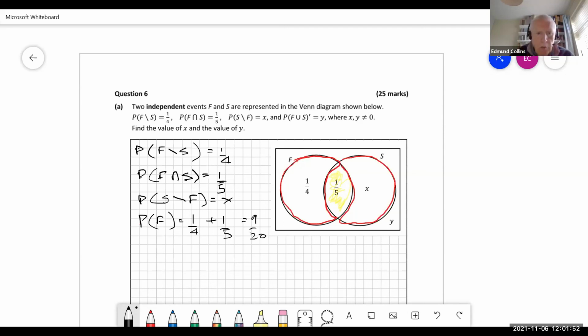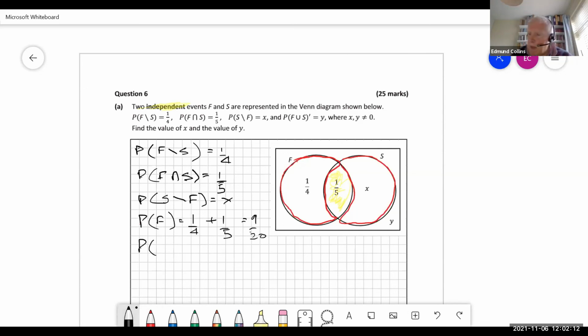Now, from the work we've done previously, we know from this rule, they're independent events. Very important to get that they're independent events.